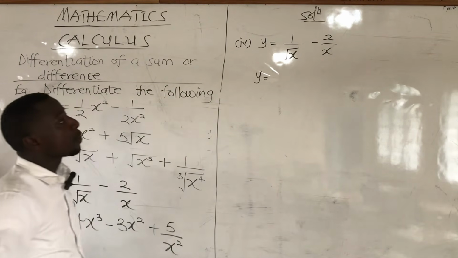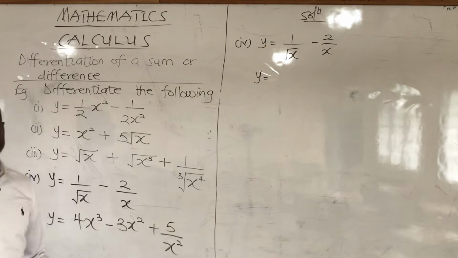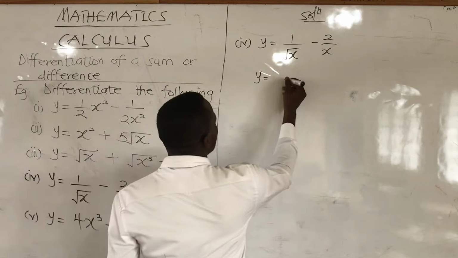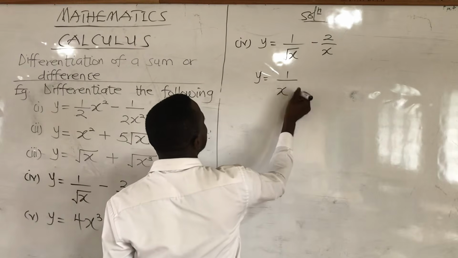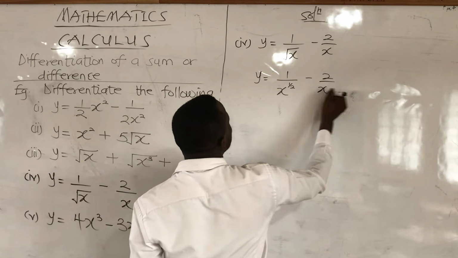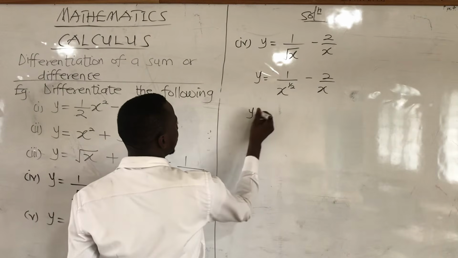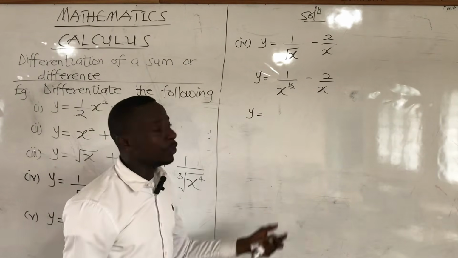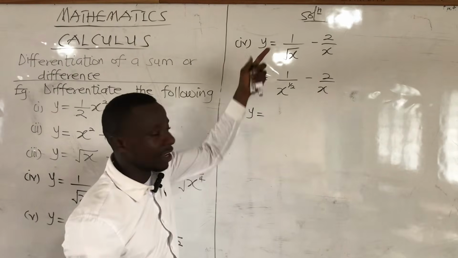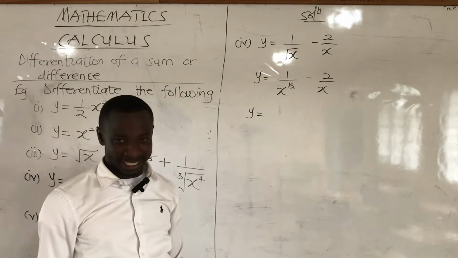From here, we are going to rewrite everything in exponential form. First of all, we have 1 over x power half minus 2 over x. Now we are going to pull the x power half up. When we bring it up there, we need to negate the exponent.